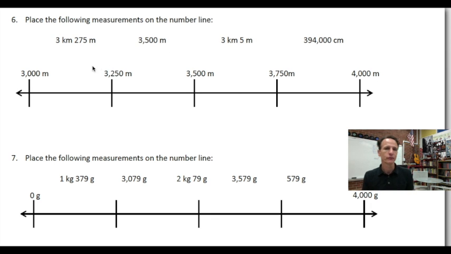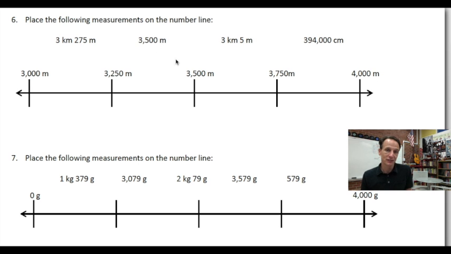Let's dive in. When we look at the number line, it goes from 3,000 meters to 4,000 meters. And you notice they've marked off each quarter of the way along here: 3,250 meters, 3,500 meters, 3,750 meters, up to 4,000. And when we look at our measurements, only one of them is actually in that format, isn't it?